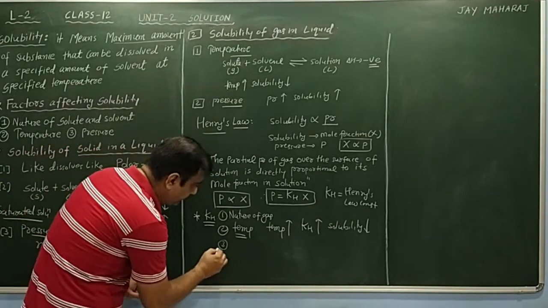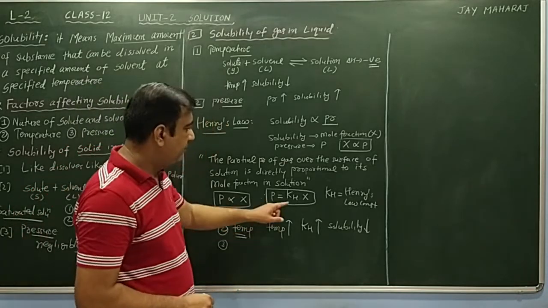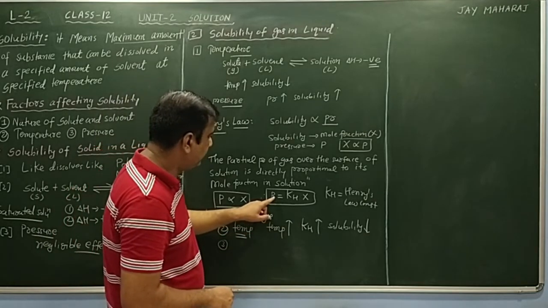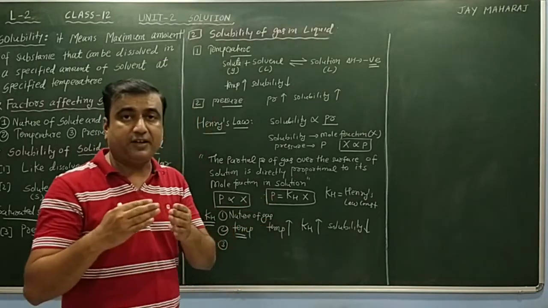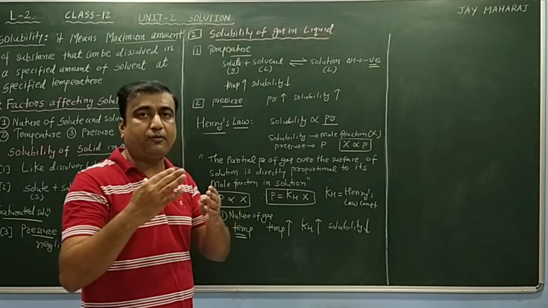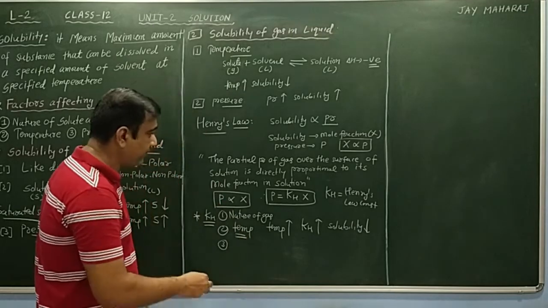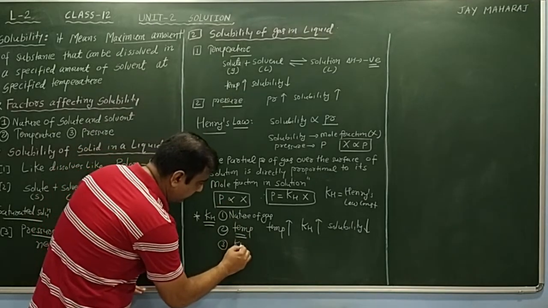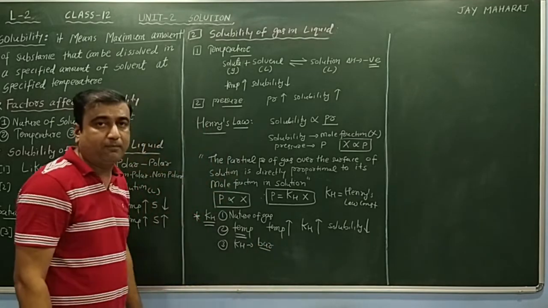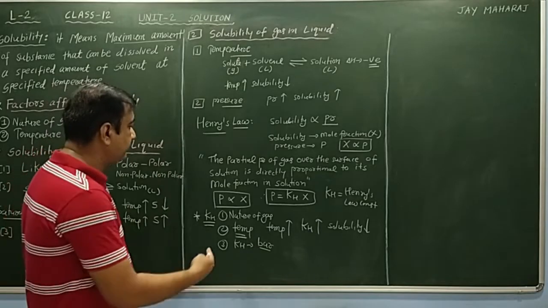Third, what will be the unit of KH? The mole fraction has no unit. Generally we use pressure in bar, so KH has the unit of pressure, bar, otherwise Pascal, kilopascal, whatever it may be.